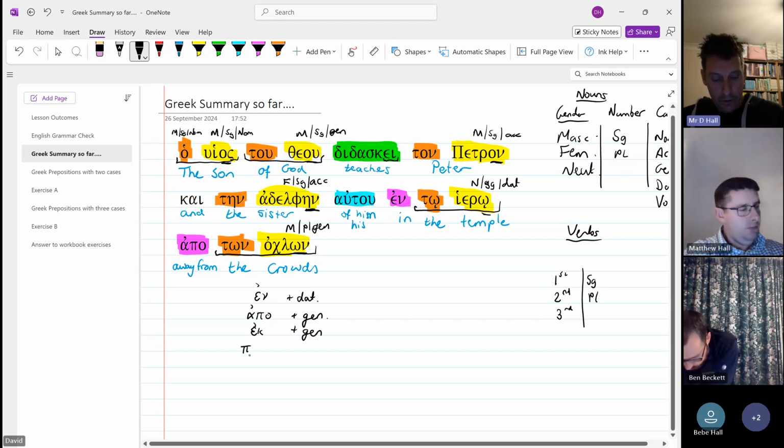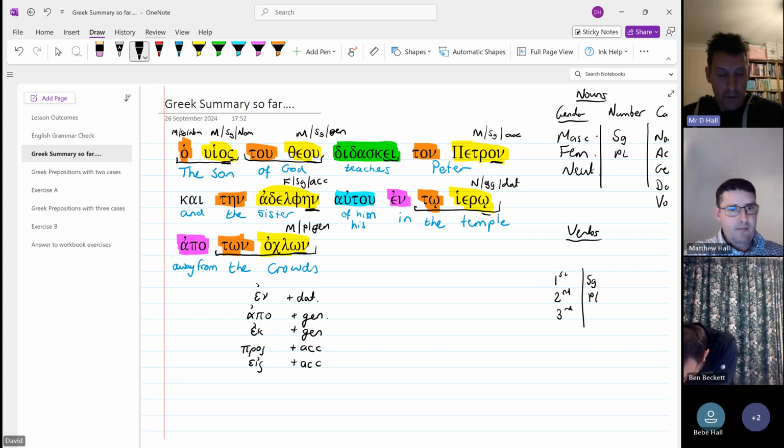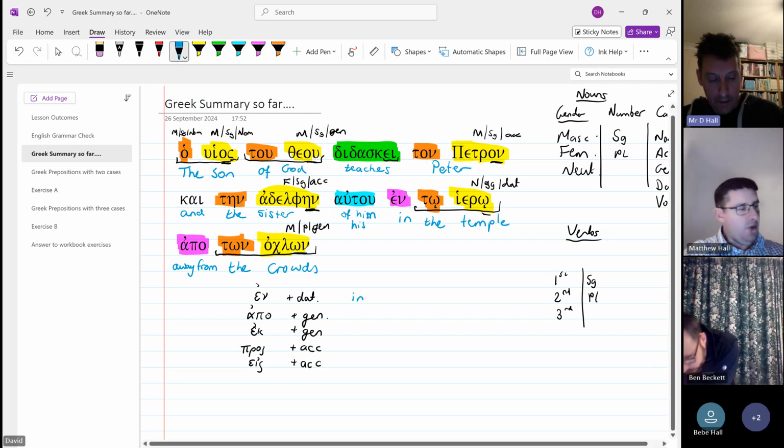And then you've got 2 that follow with the accusative, i.e. the noun is written in the accusative, which are pros and eis. Those are quite standard, common prepositions, and their basic definitions are in, away from, out of, and then towards, and then into.